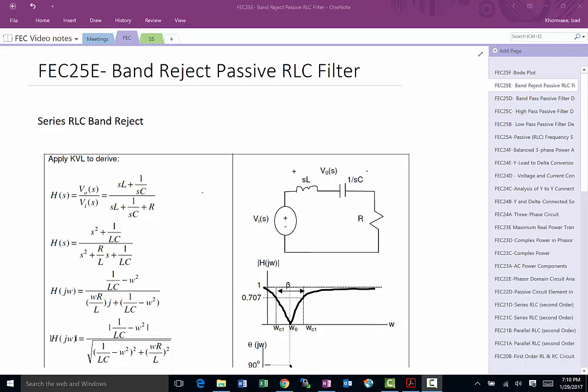As you recall, this circuit looks very similar to the series RLC band pass filter, but in this case we're going to move where we are looking at.